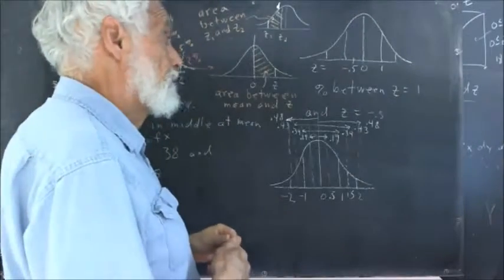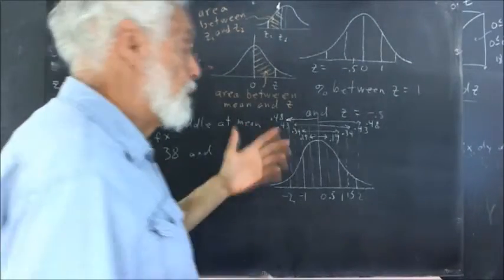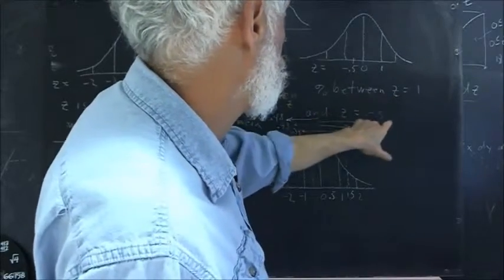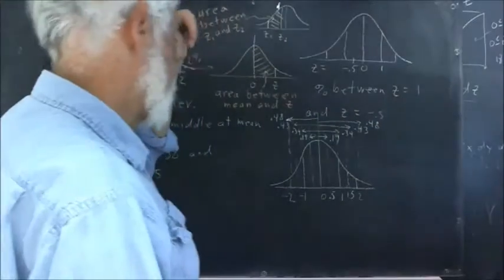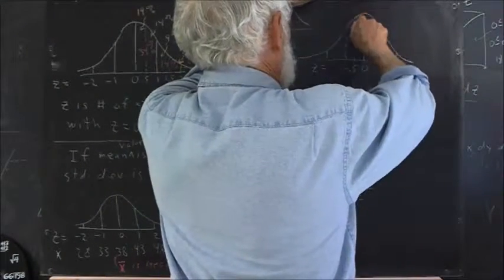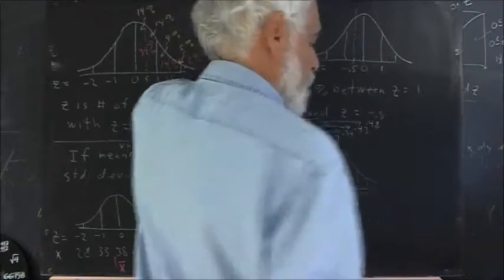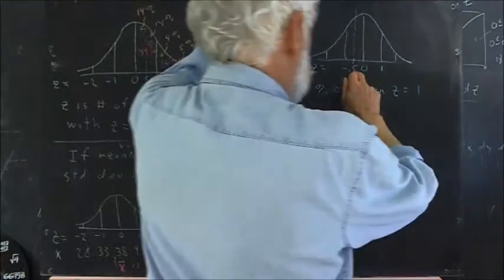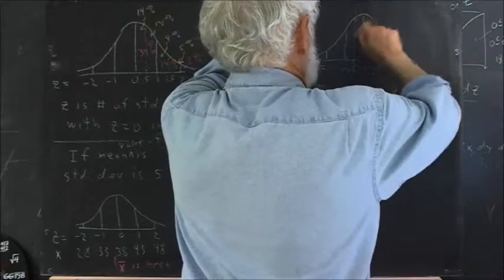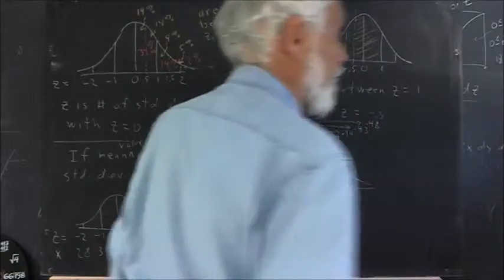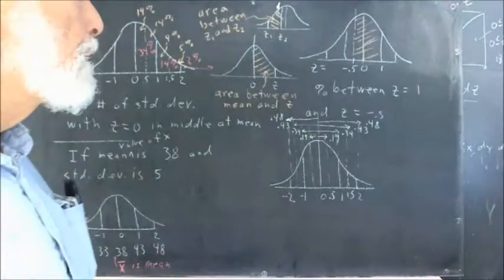But we can label as much as we want to, but right now we want to just see where the region is between z equals 1 and z equals negative 0.5. So, negative 0.5 is cut off here. That region is going to go from negative 0.5 to 1, and we'll shade it. It looks like this. Now, what's the area of that region?